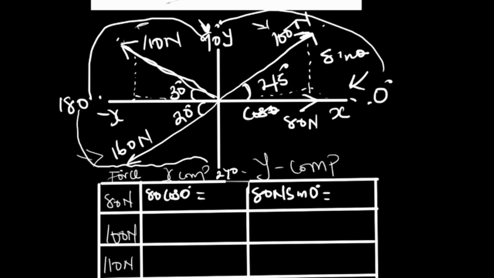Now for the next one, how do you calculate? We start from the origin. This is very crucial when it comes to measuring angles of vectors. You have to begin from the origin and go until it touches the vector. Now here is the trick. If the angle is before the vector, you have to add. But if the angle is after the vector, you subtract.